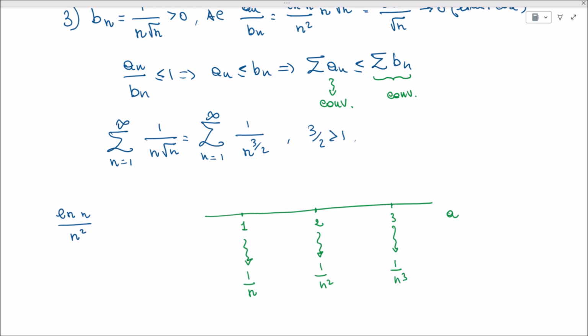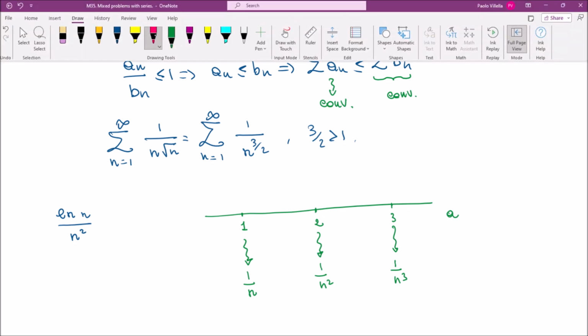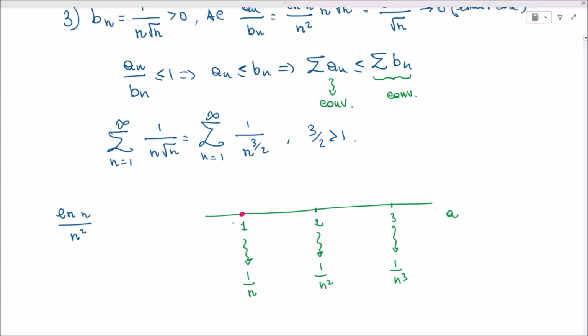Now, we know that if a is 1 or it is to the left of 1, we have divergence. Okay, we proved that basically the generalized harmonic series diverges to plus infinity if a is less than or equal to 1.